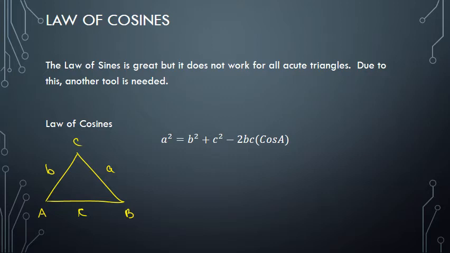And then there are 3 different ways you can write it. This is if you were looking for side a. This is if you're looking for side b. Now there is a pattern here. It's the one that you're looking for, and then it's just the other 2 squared, and they're always added. Then it's always a subtract 2, and then it's these same sides again.